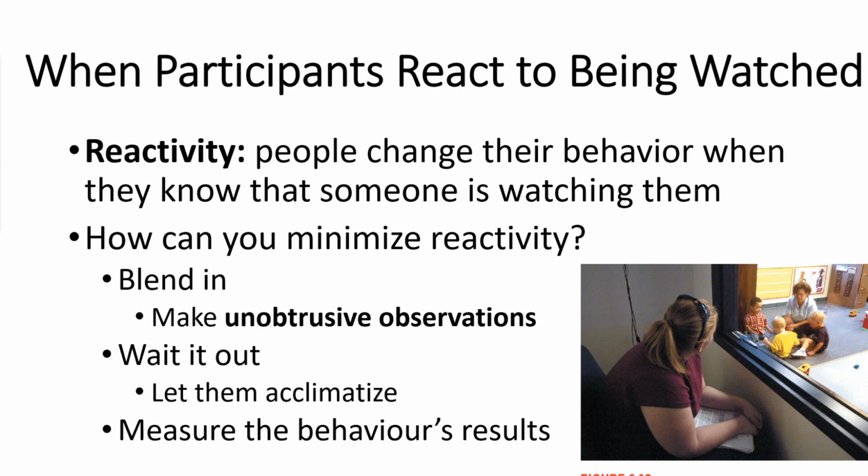Maybe if there's a university official watching students walking and they have a clipboard, maybe the students will stick to the path. But if you measure the behavior's result, the outcome of students following set paths, then maybe you're going to see something different. So if you leave them alone and come back later on, you could see that there's a path worn where the grass is not growing anymore.